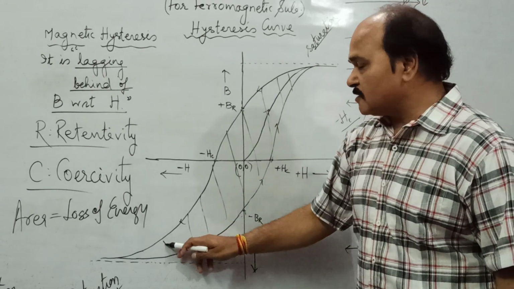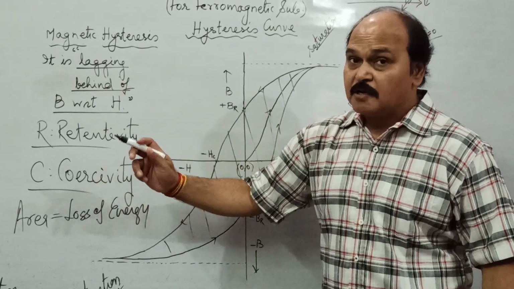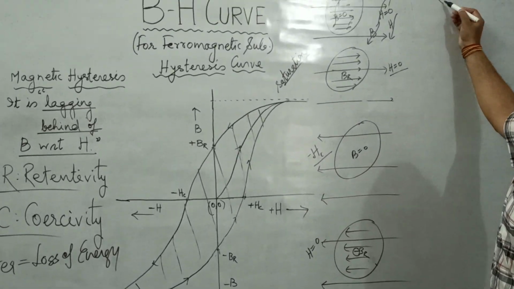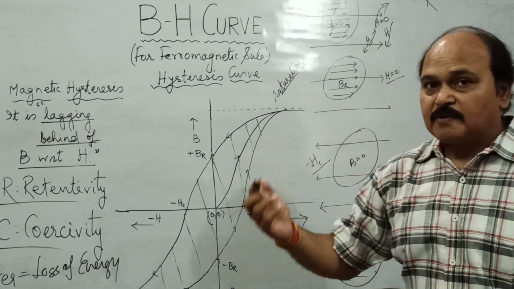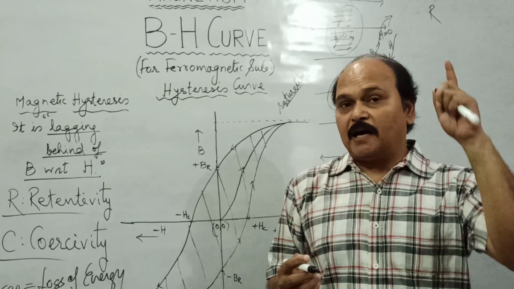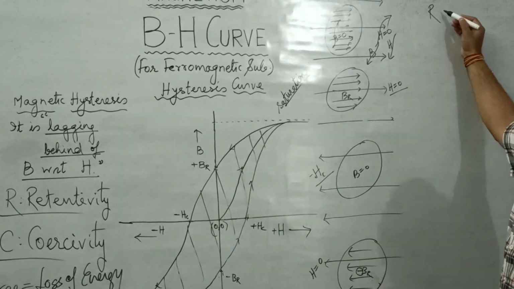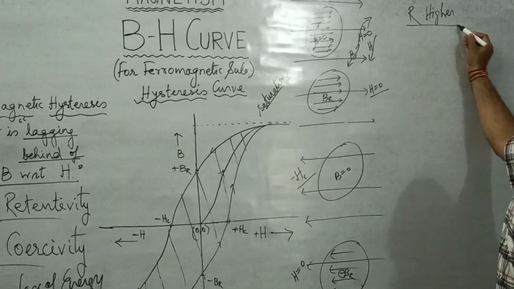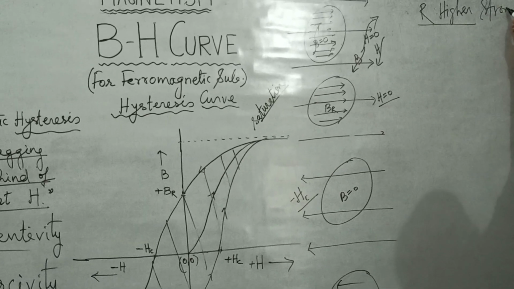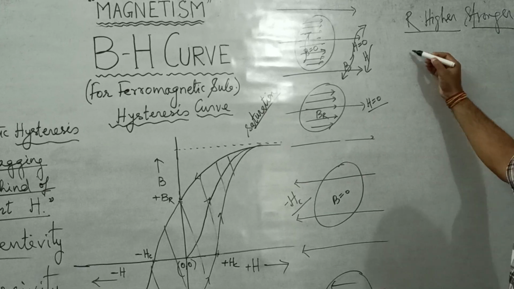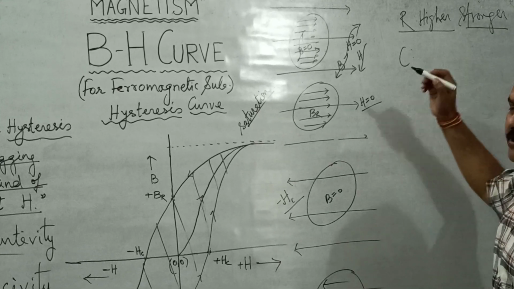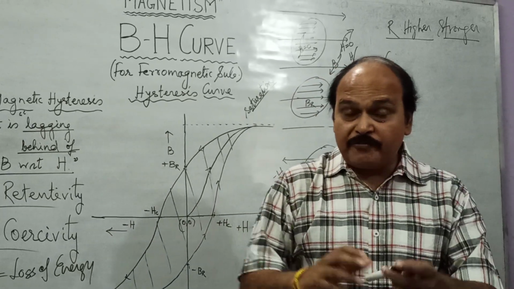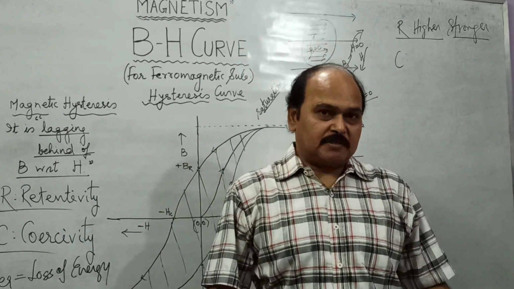Well, we have already understood what is retentivity and coercivity, but what is their significance? Retentivity represents what? The ability of a substance to retain magnetic field, and the higher the retentivity of the substance, the stronger is the magnet created by it. Coercivity, of course, represents what? The higher the coercivity of the substance, the more difficult it is to demagnetize the substance.